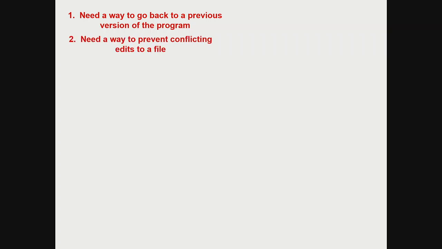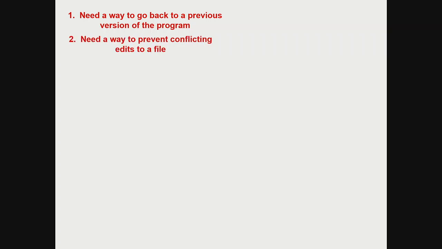So we're going to continue today where we left off last time, talking about version control and Git. If you remember, we had several problems that we were trying to solve. Basically, when working on software development projects, we needed a way to go back to a previous version of the program.